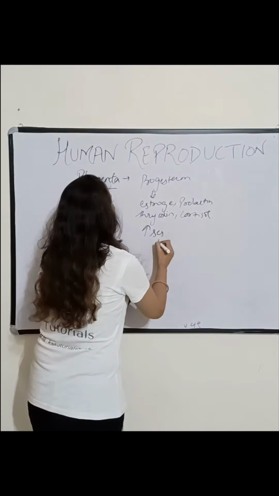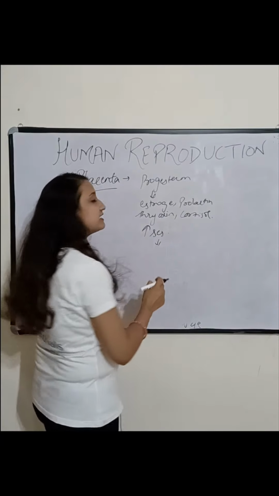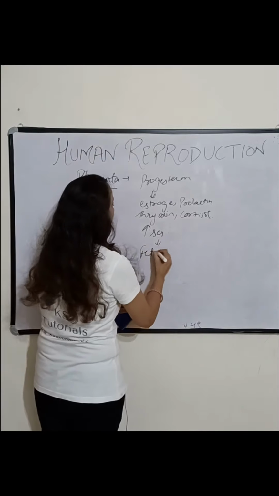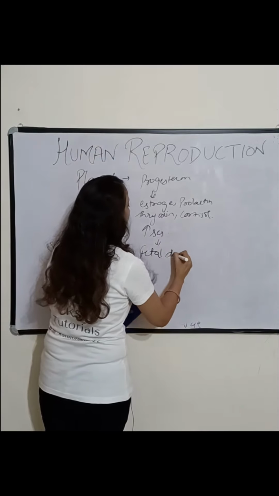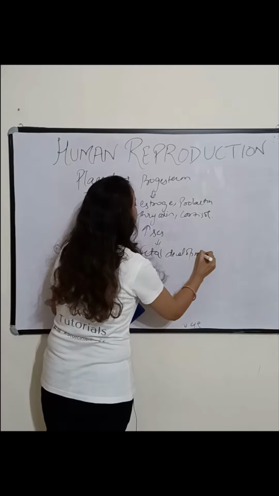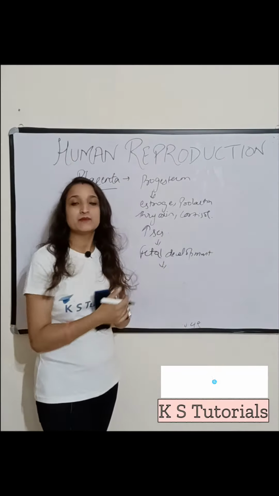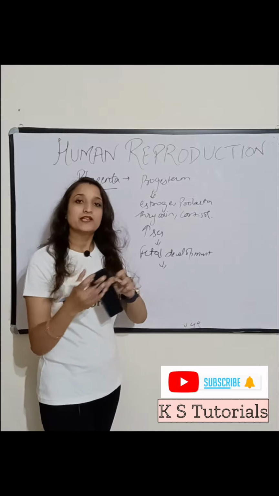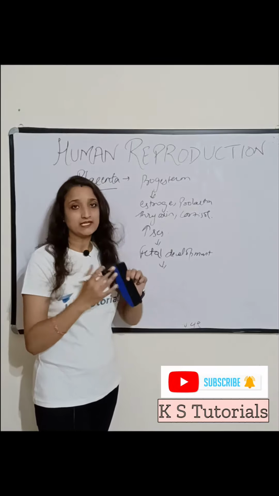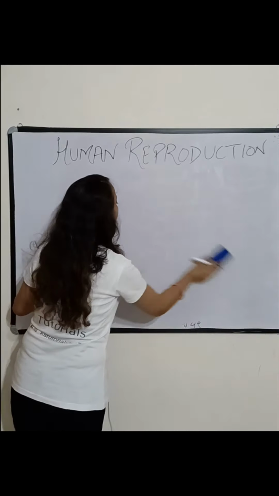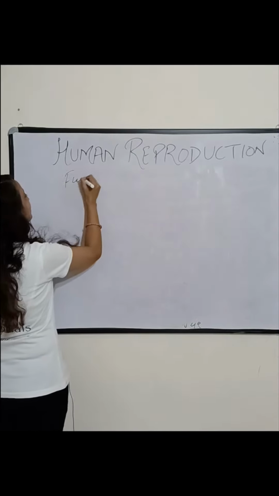Got it? Now the increased levels of these hormones are essential for fetal development, metabolic and hormonal changes in the mother, and for maintaining the pregnancy. Now further embryonic development.